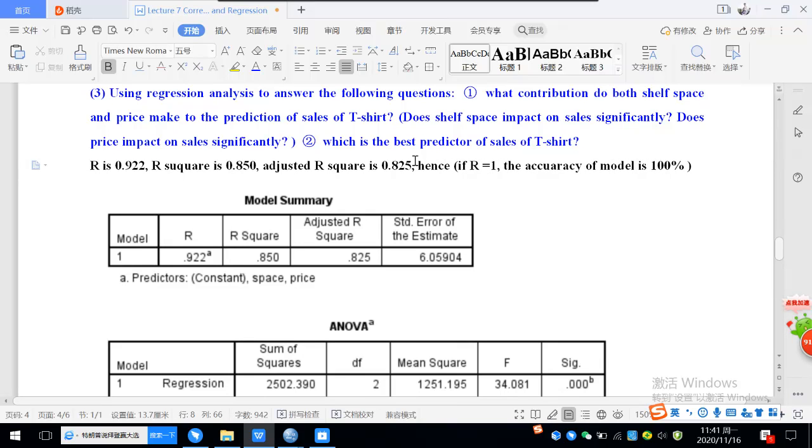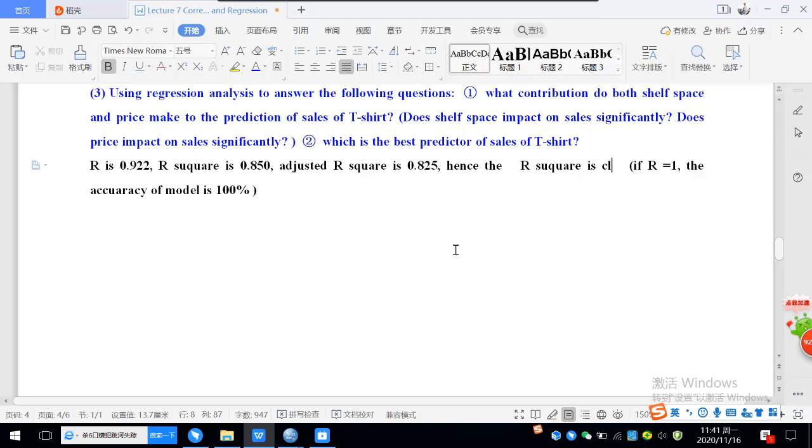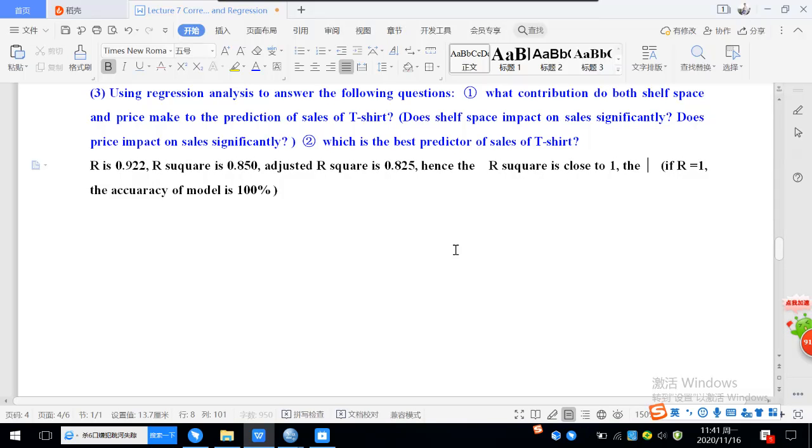Hence the R square is close to 1. The accuracy is high.